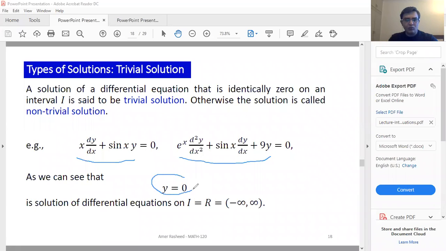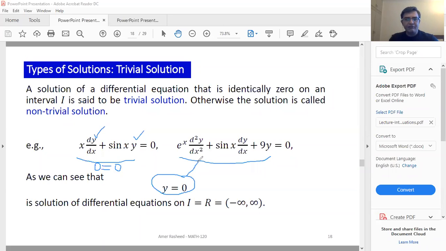If we insert y is equal to 0 in this differential equation and in this differential equation, both sides become 0. This is 0 is equal to 0. So this differential equation turns into an identity, which is 0 is equal to 0.